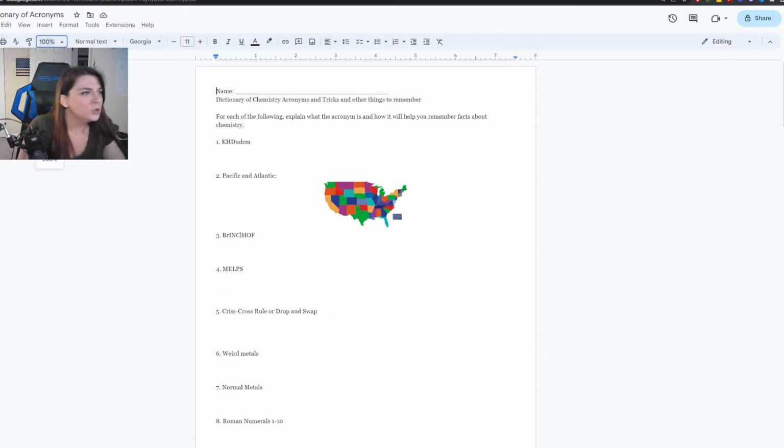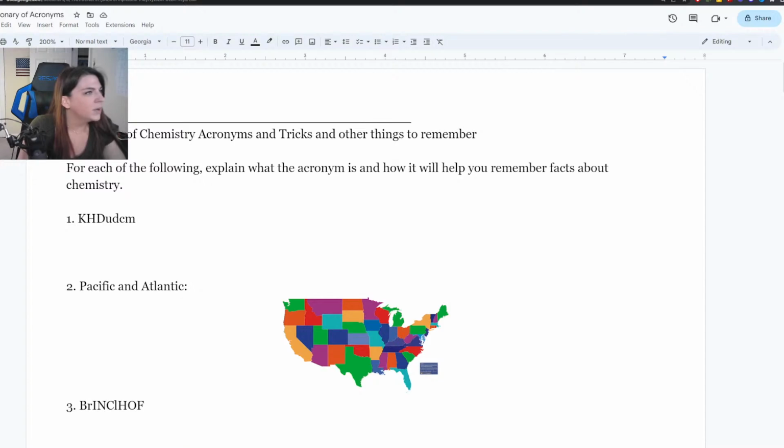Let's zoom in real good so we can see what's going on here. Okay, so number 1 right here is King Henry drinks unusually delicious chocolate milk, and that is for the metric system. Those are your prefixes.